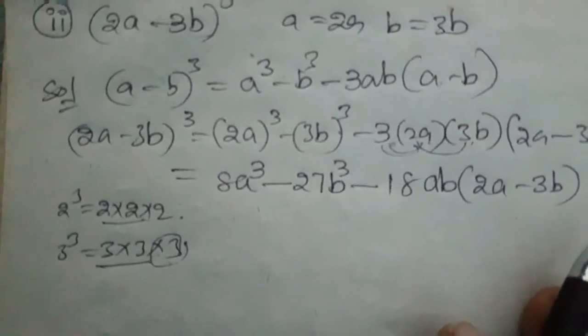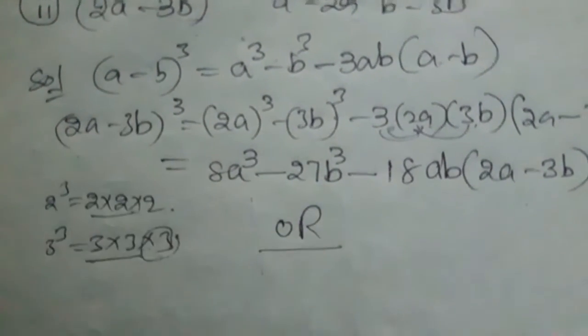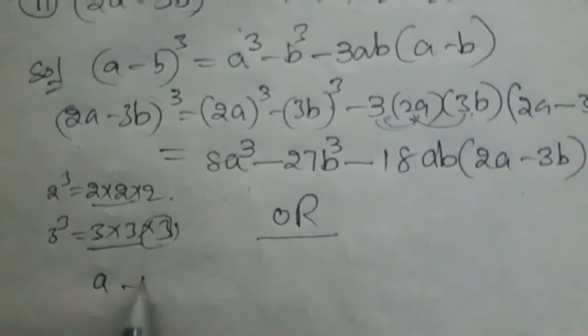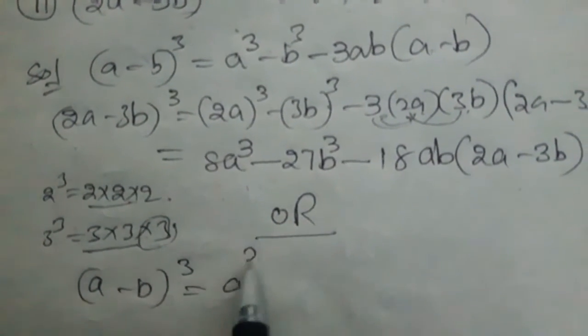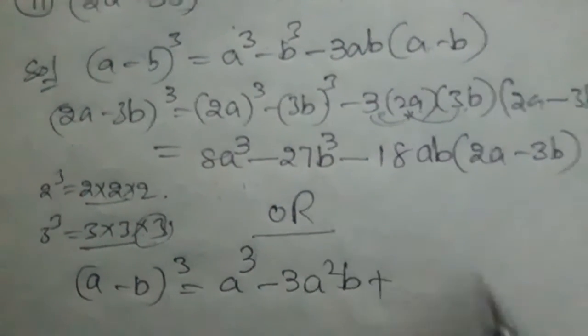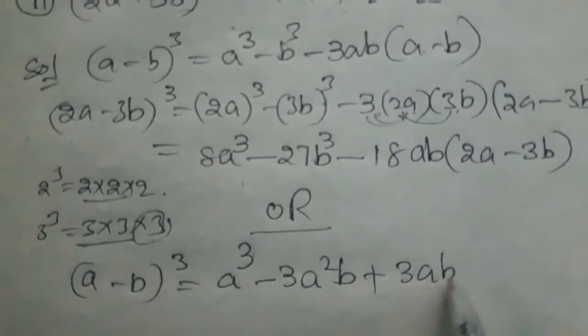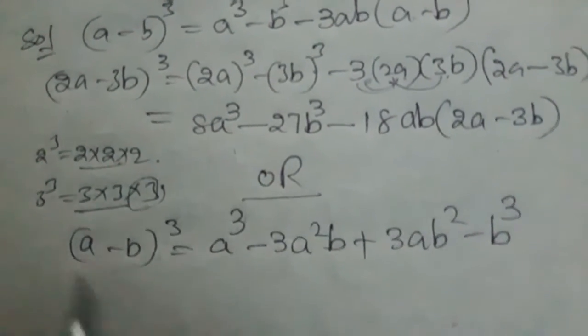This is one way. Another way: (a minus b) whole cube equals a cube minus 3a square b plus 3ab square minus b cube. This is another form.